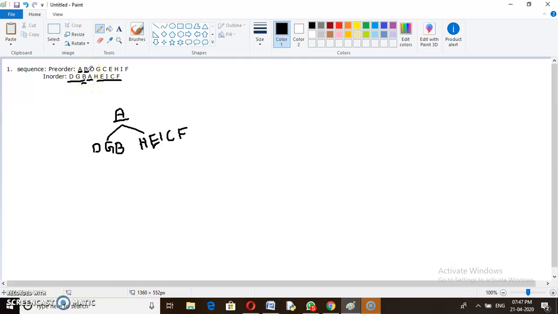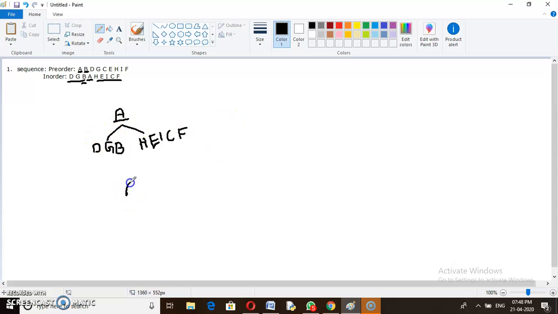So we take B from the pre-order, so B is the root for the left subtree, and for B in the in-order we have only two letters, D and G, to the left of B. There are no values to the right of B because A is already the root node, and between B and A we don't have any other letters. So D, G are to the left of B.